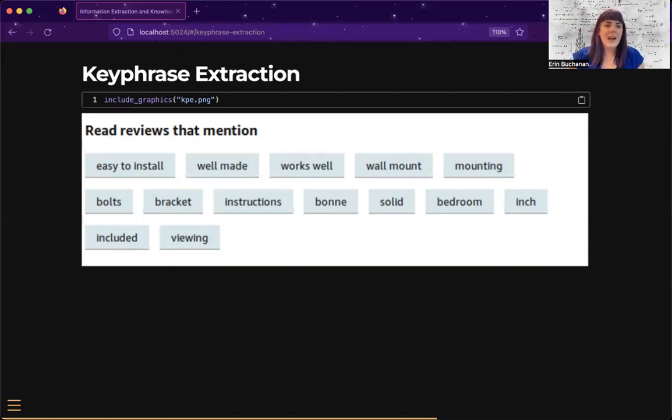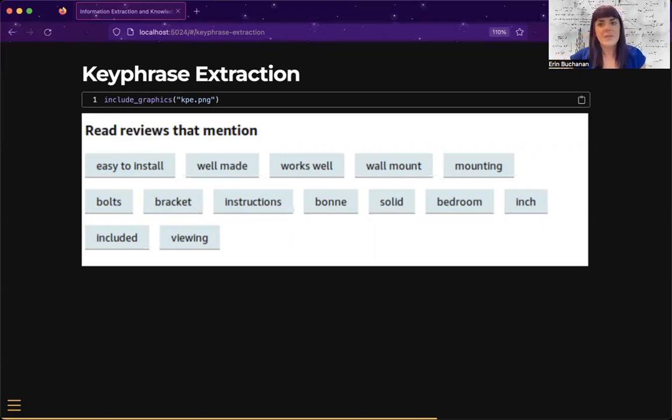But what do people use key phrase extraction for? Why might I be interested in this? So this is from Amazon. This is where you can flip through reviews and look at reviews that have whatever you're interested in looking for. So easy to install.